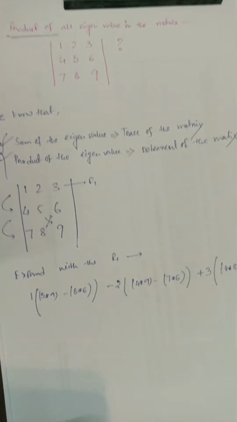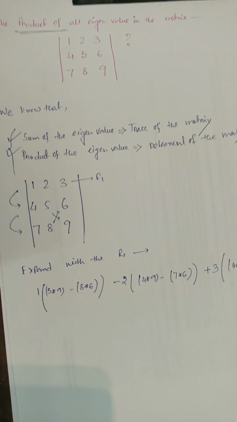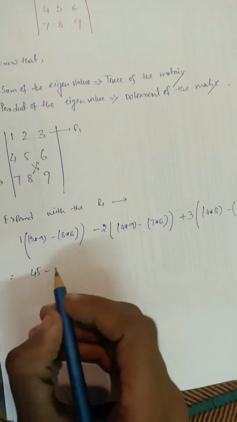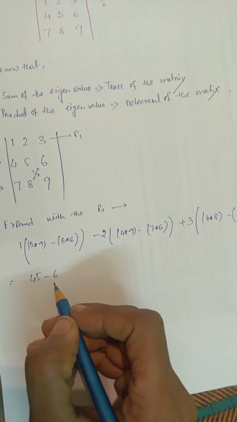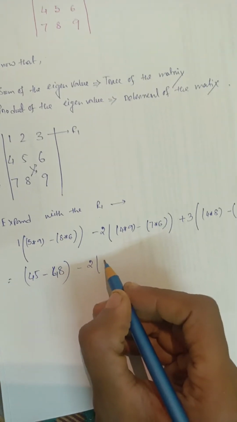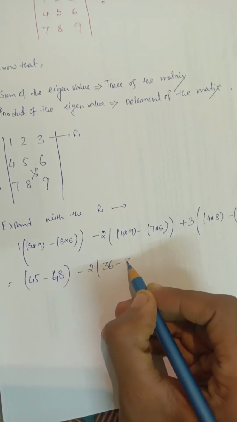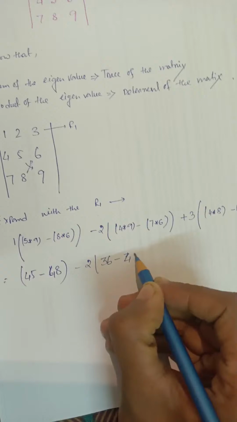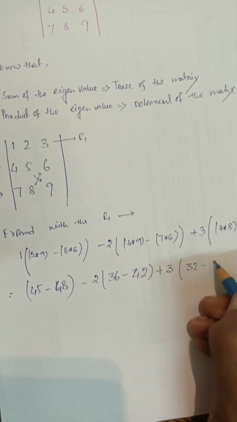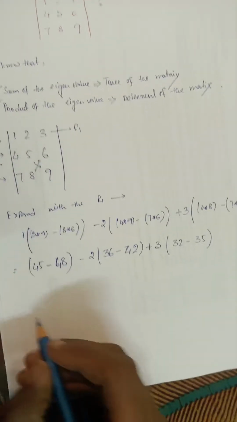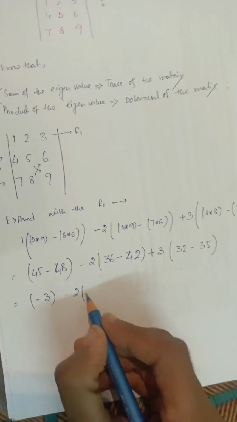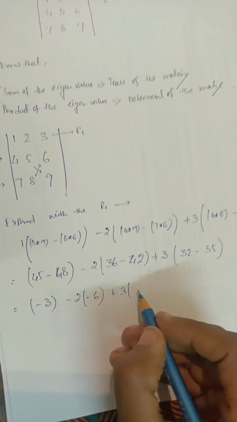If anyone has any doubt, please ask in the comment section also. For this we get 45 minus 48, which is minus 3, minus 2 into (36 minus 42), which is minus 2 into minus 6, plus 3 into (32 minus 35), which is minus 3.